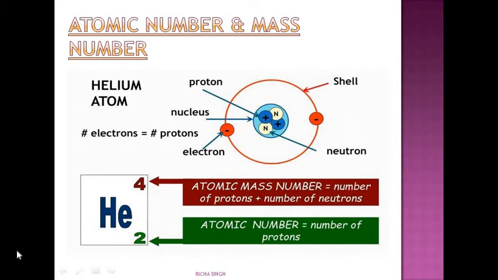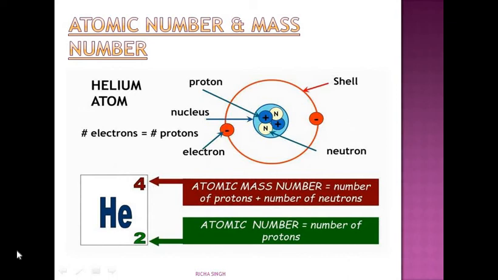The mass number is represented as letter A, and mass number is equal to number of protons plus number of neutrons. And in case the number of protons is not given, but the atomic number is written, then mass number is equal to atomic number plus number of neutrons. Okay, now it's clear. Mass number is equal to number of protons plus number of neutrons, and atomic number is equal to number of protons only.